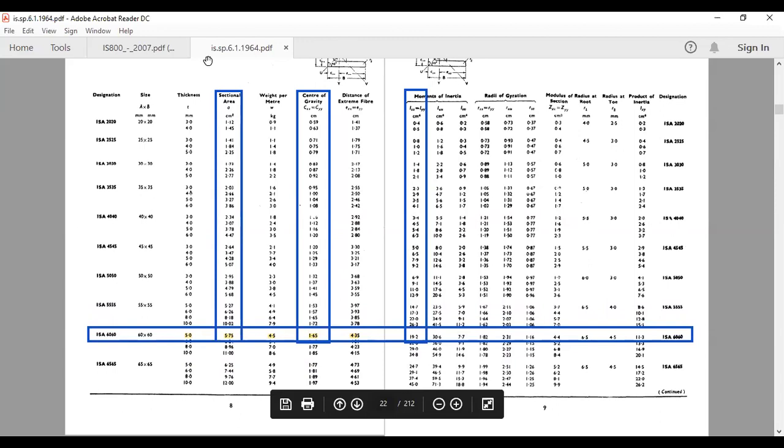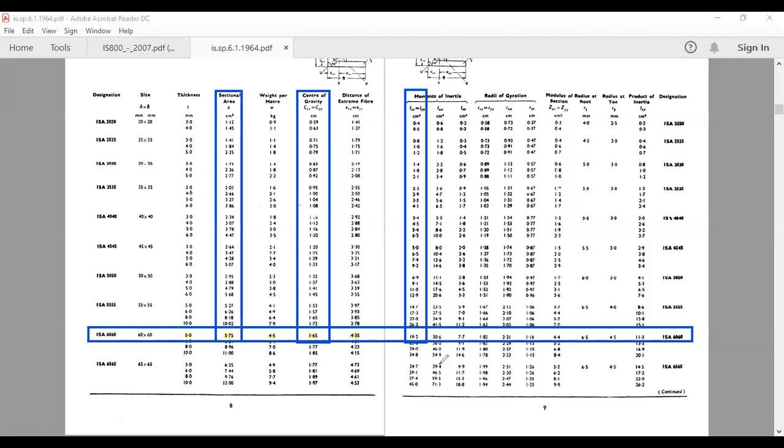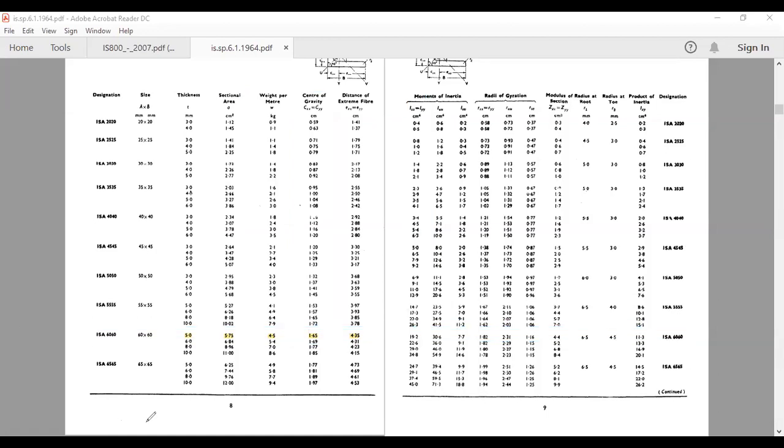If you refer to the steel table, you go with these columns and the section we have adopted. From there, you can determine those properties. Is that clear about the properties? Any other doubt in that? Fine. Okay.